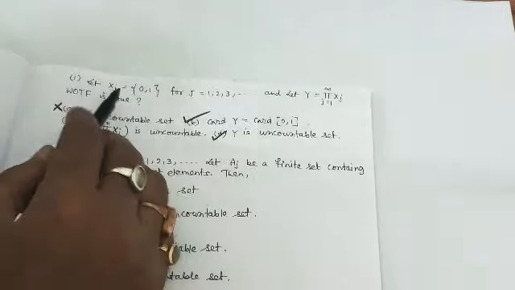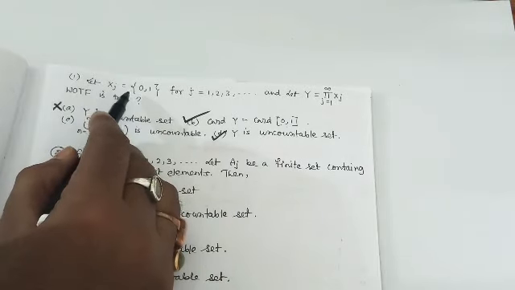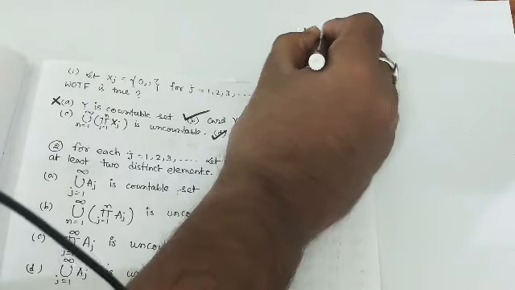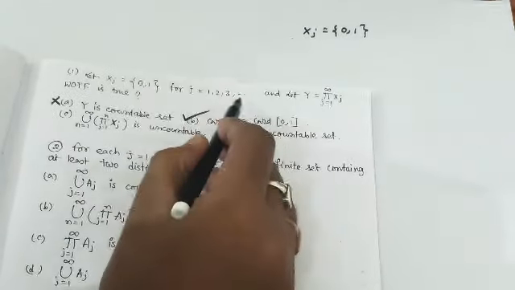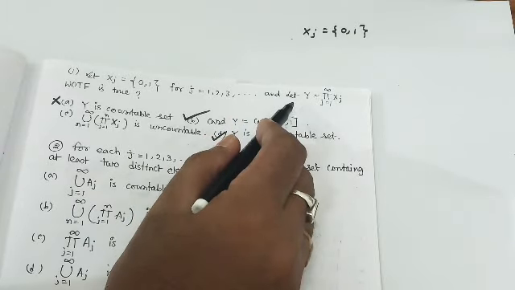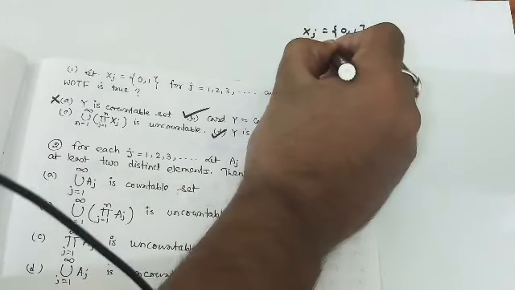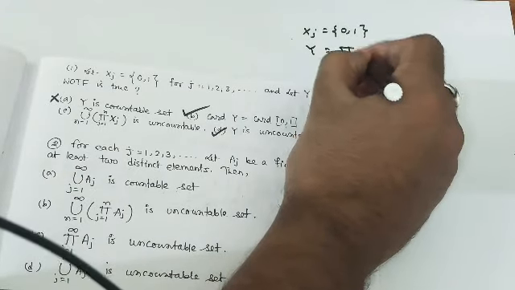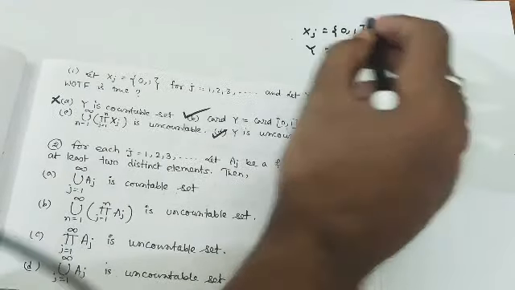It says: let Xj equal {0, 1}. This is a set Xj = {0, 1} for j equals 1 to infinity, and you have Y, the product of all these Xj's, where j runs from 1 to infinity.